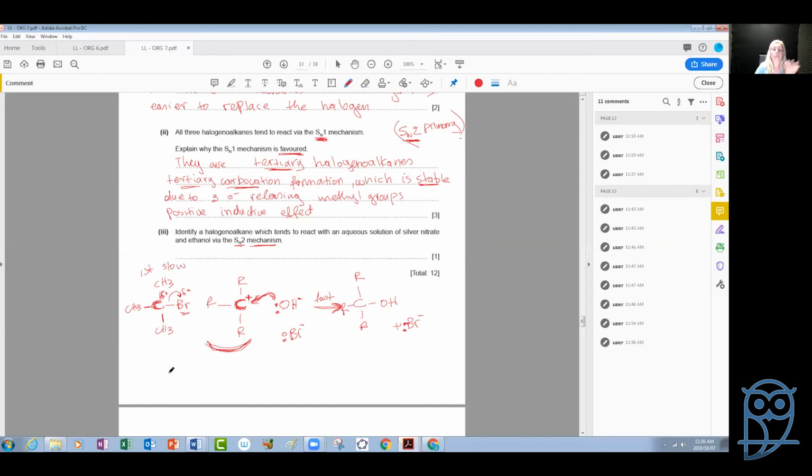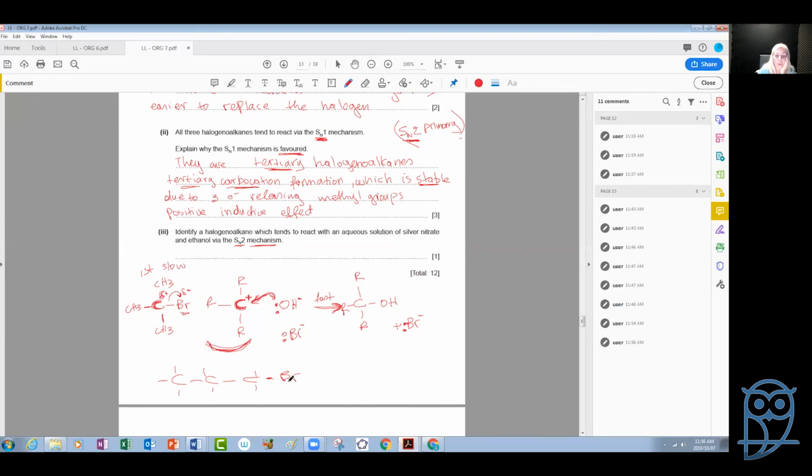So what could be any example that has a primary halogenoalkane, like for example, where the halogen, in this case the bromine, would be connected to the last carbon at the end, in other words, not in between. That would be a primary halogenoalkane.